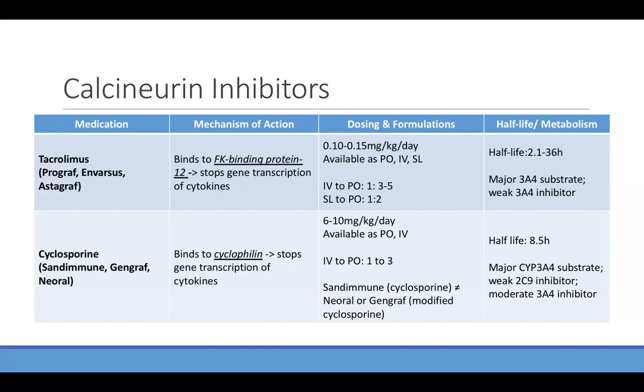The half-life of cyclosporin isn't quite as variable, but it does have many of the same drug-drug interactions as well, because it's a major CYP3A4 substrate as well, also a weak 2C9 inhibitor and a moderate 3A4 inhibitor, which we will discuss.